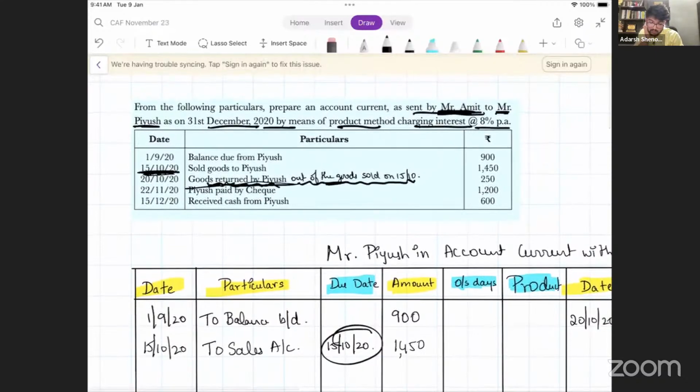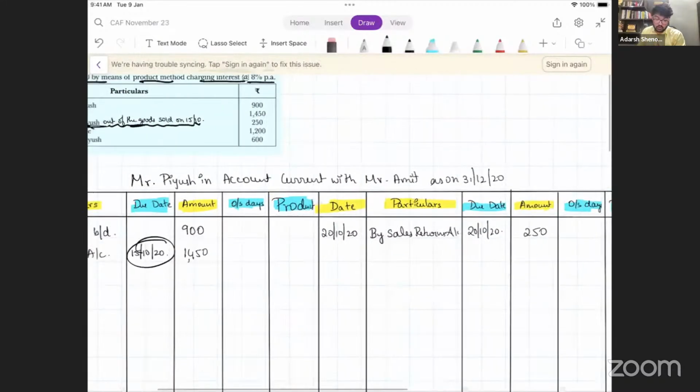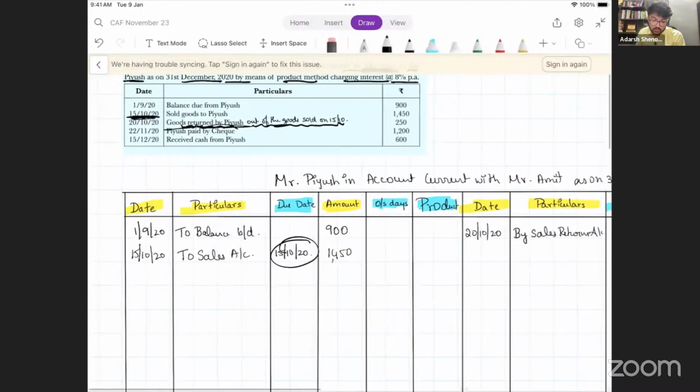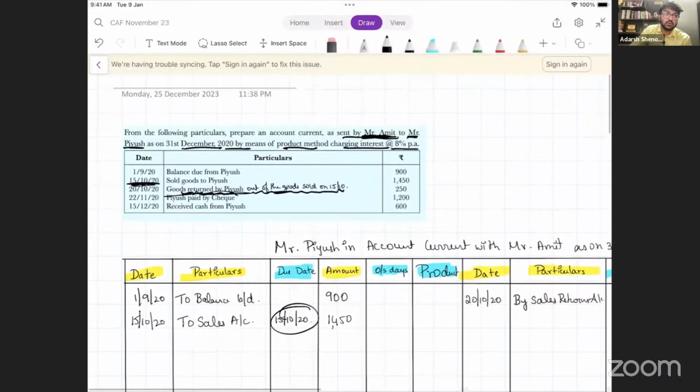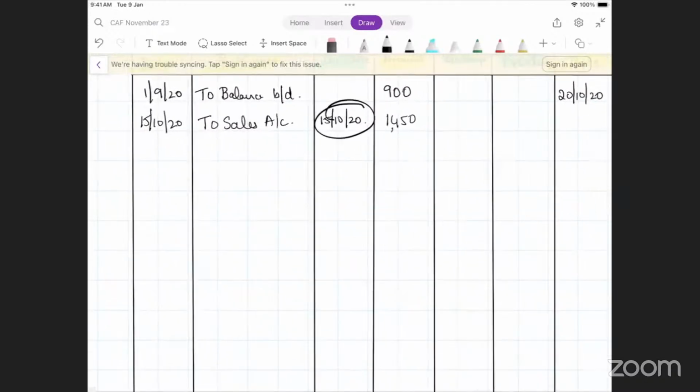Next, you have goods returned by Piyush, done. Piyush paid by cheque. So what is the entry when Piyush is making a payment? Bank account debit to Piyush's account, right?